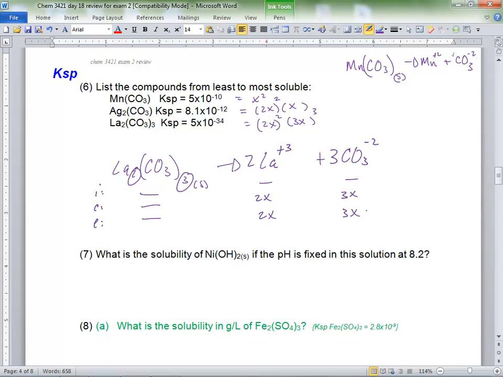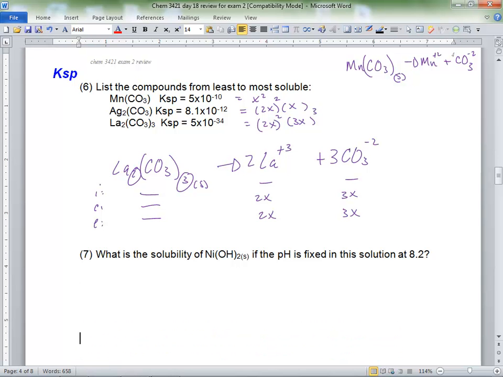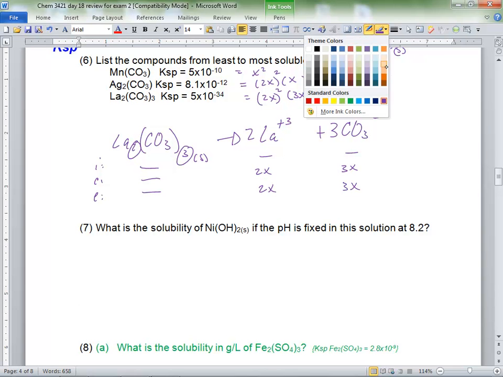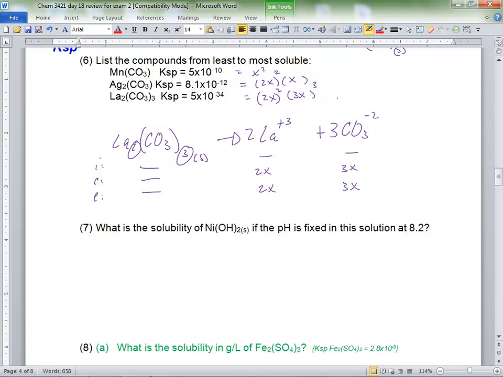pH and solubility. Okay. For 7, isn't it usually like they tell you one of the things? Oh, pH is the concentration of that OH minus, pOH. Yeah, there you go. Okay. So, do you see how to do 6? No? Okay. So let's get an X for that one. pH plus the OH plus.